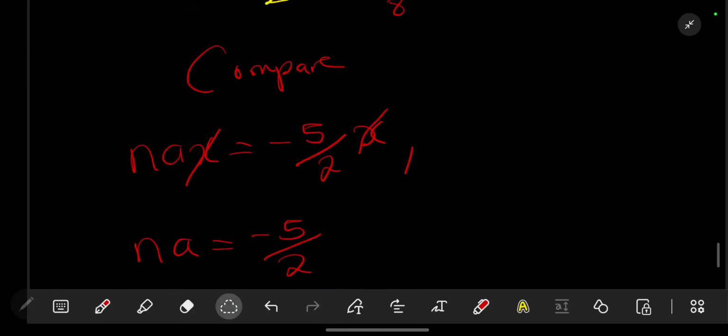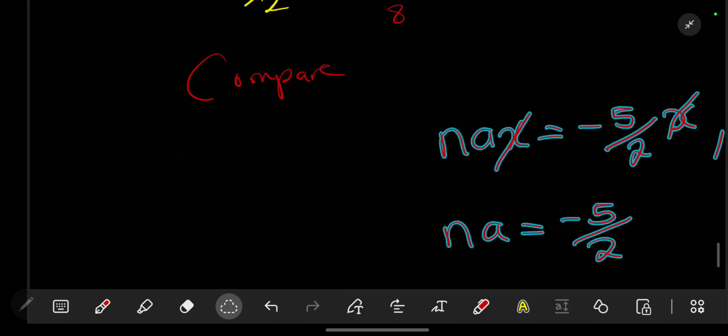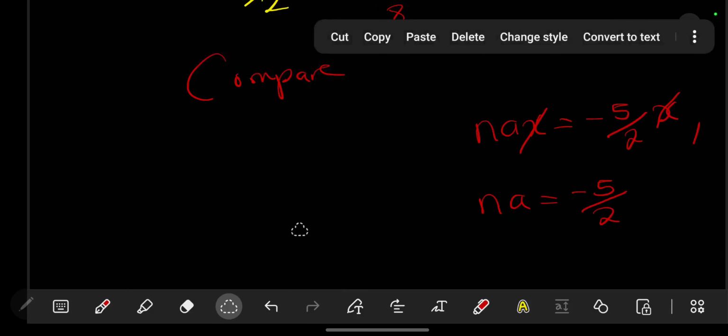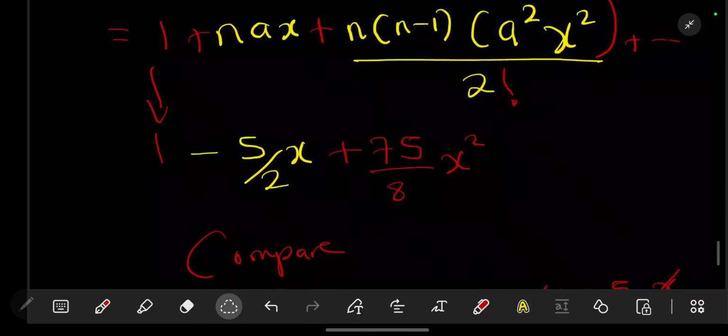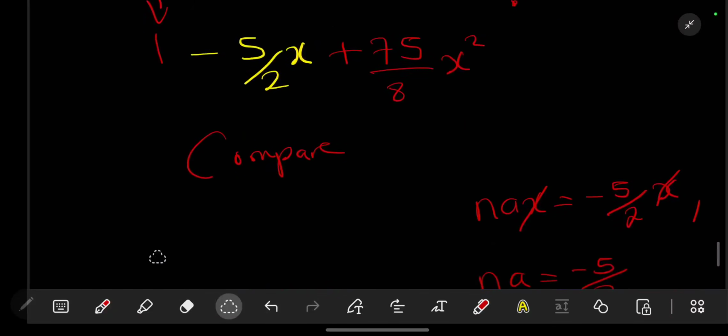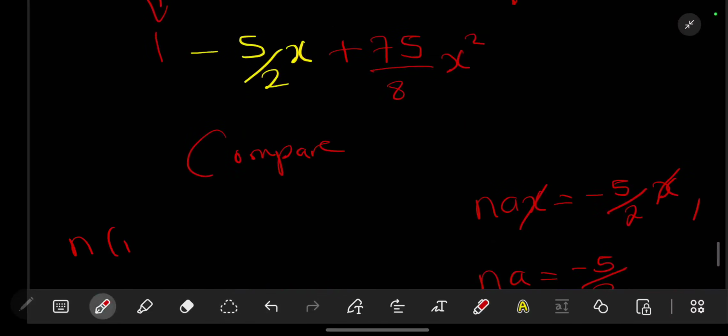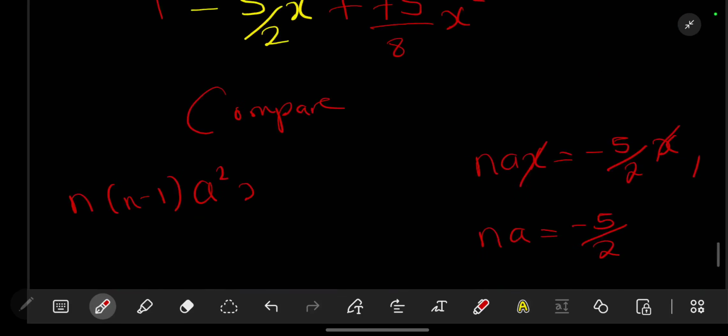Let's take this the other side. We have n(n − 1) a squared x squared over 2 should be equal to 75 over 8 x squared.